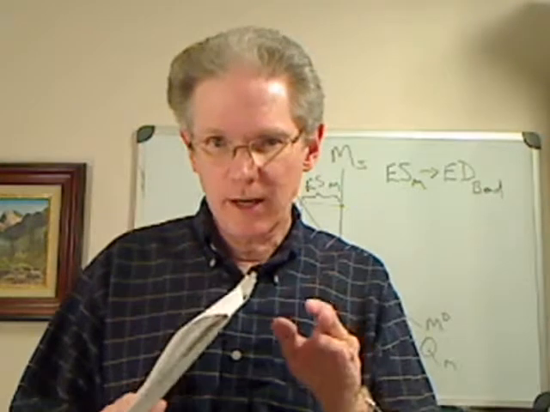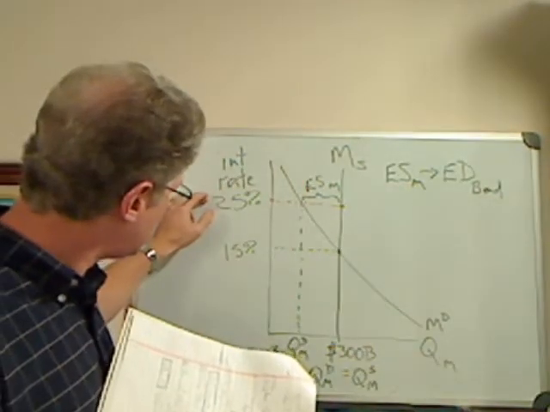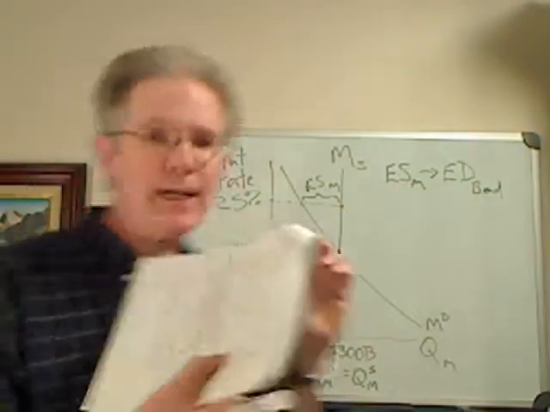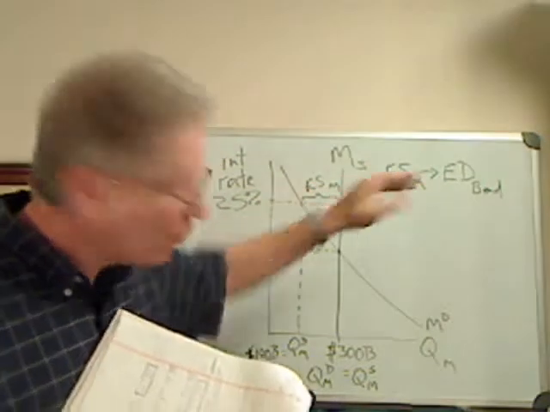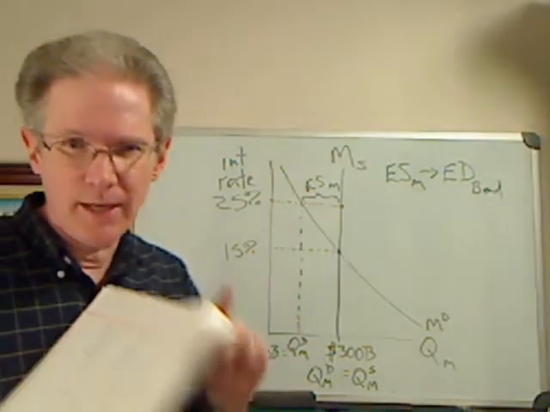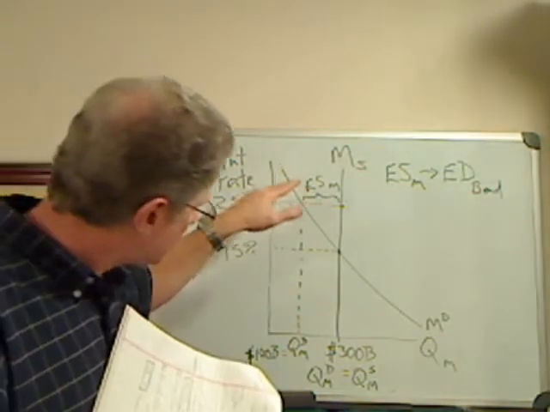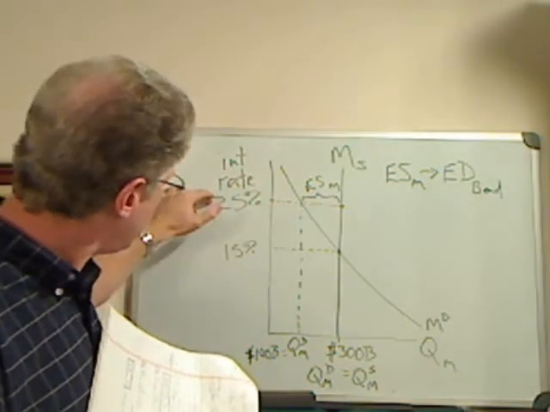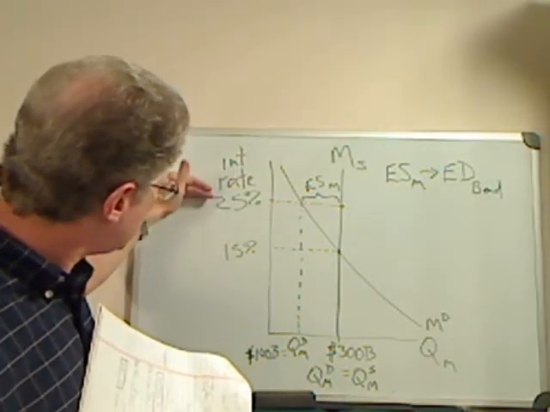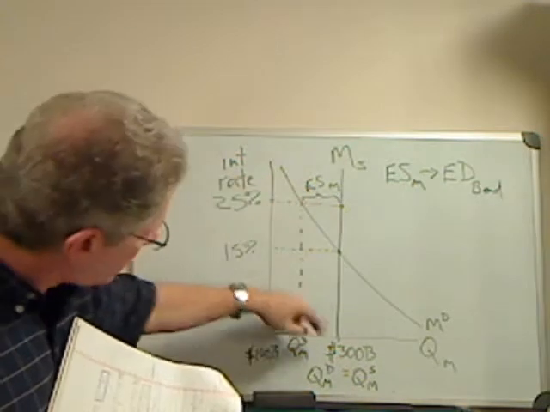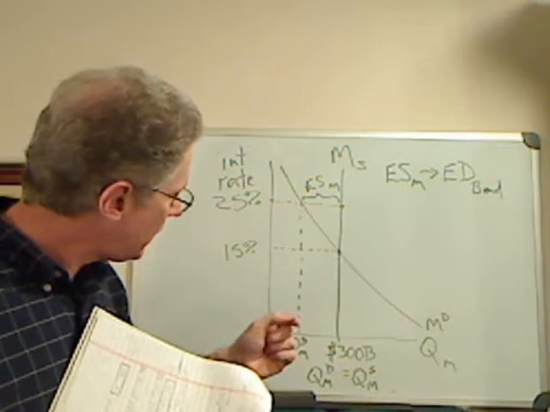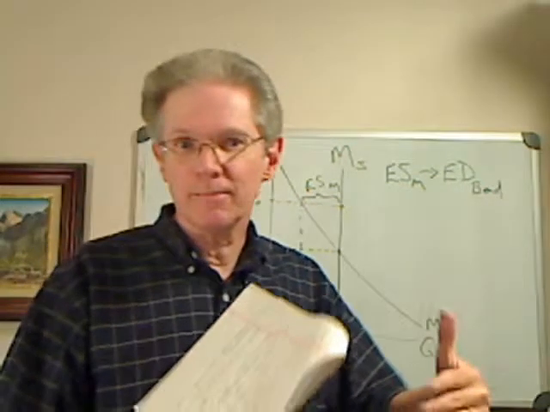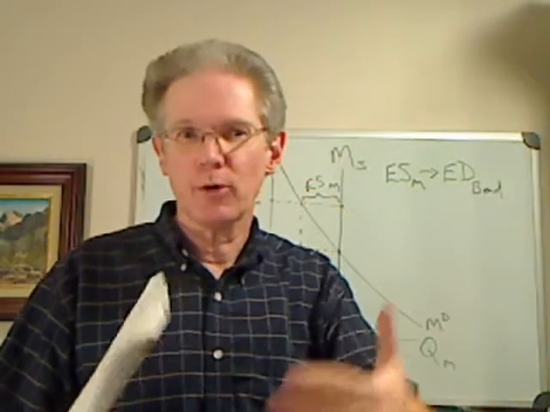So people decide, because of the high interest rate on bonds, I'm going to take some of my money holdings, and I'm going to use those to purchase more bonds. Okay? That's how people will change their behavior when the interest rate is really high here. What they want to do is cut back on their money holdings and use those monies to purchase more bonds.